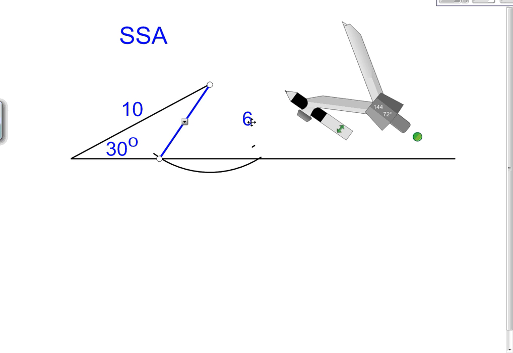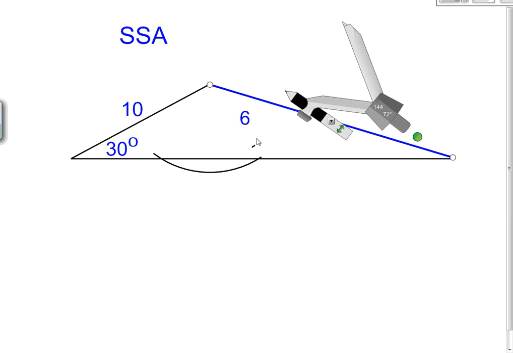I could have that triangle with sides 6, 10, and a 30-degree angle, or I could have this other triangle. Now, those are different triangles, so with side-side-angle of 6, 10, and 30 degrees, I'm not guaranteed that I get that triangle. I could get this other triangle that I showed you, right? So that's the problem.